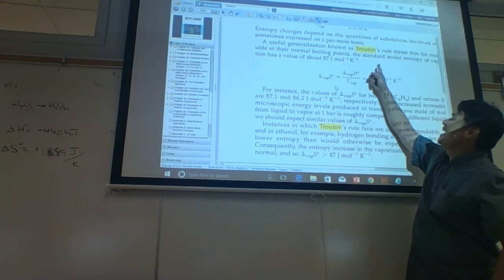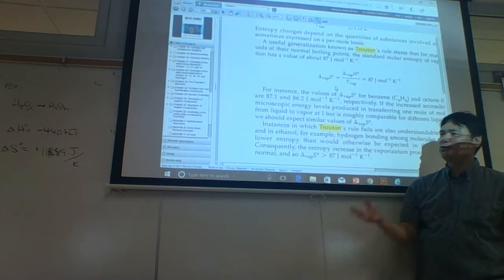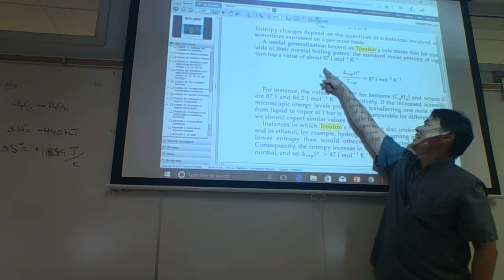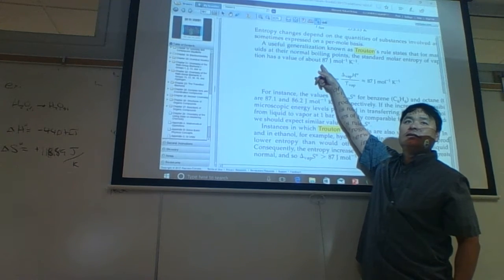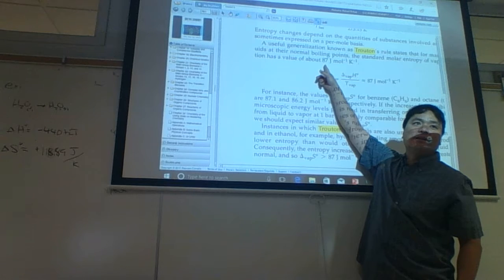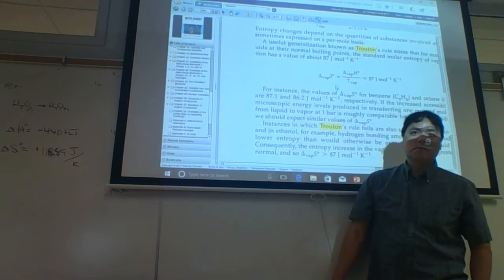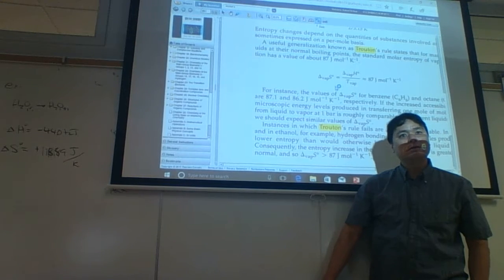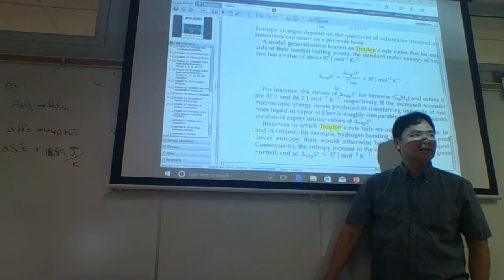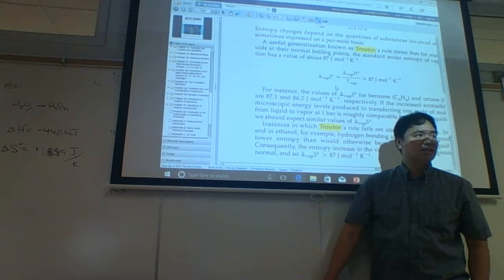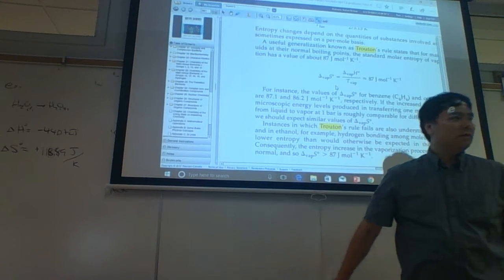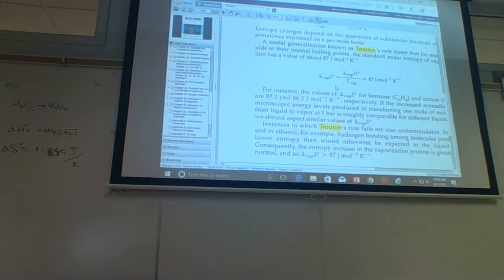Trouton's rule says that when you go from a liquid to a gas, delta S is about 87. That's a heck of a lot more precise than mine. Mine is just ballpark 100. But Trouton's rule says 87. How good is that? It's not a law. If this were Trouton's law, then you'd say, oh, that's probably pretty good.